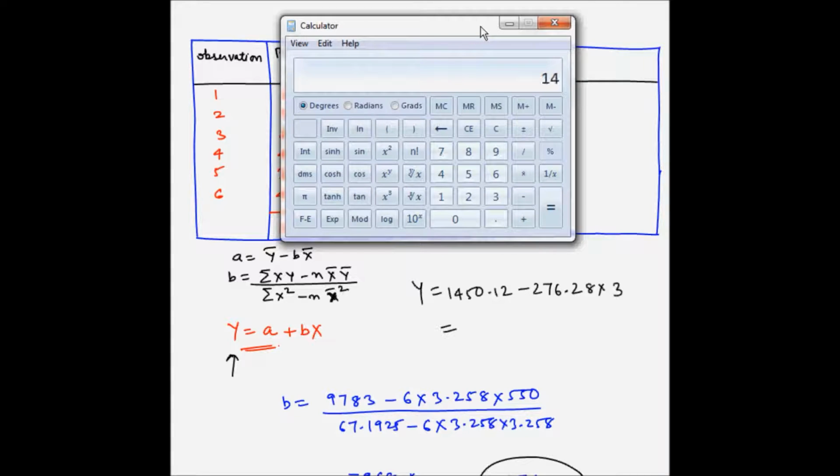So this is 621.28. And since we can't have 0.28 boxes, we'll consider it as 621 boxes. So this is the projected sales if the price is $3 per box.